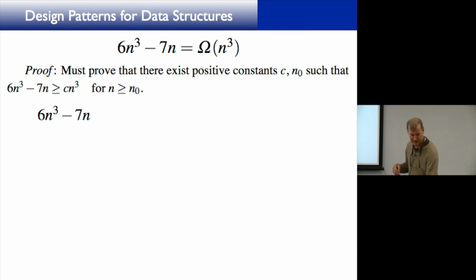So do you guys remember the technique? Now look, here's where it gets tricky. You see this 6n cubed? Subtract 1 from 6 and make it 5n cubed minus nothing.